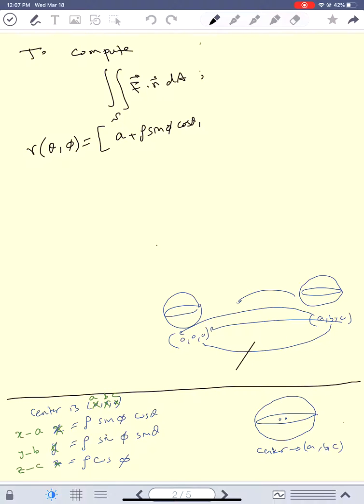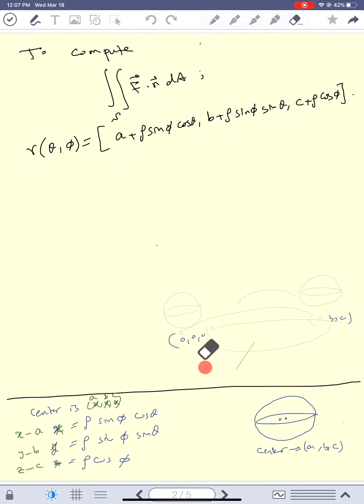Y is B plus rho sine phi sine theta. And Z is C plus rho cosine phi. Okay, so this is the parameterization of the sphere if the center is not 0, 0, 0.